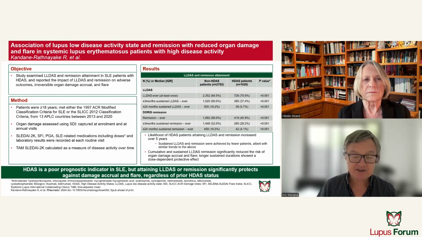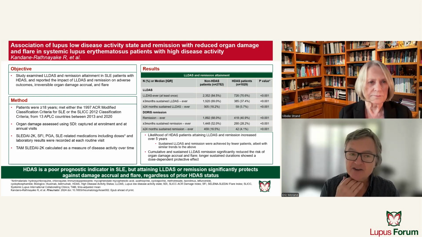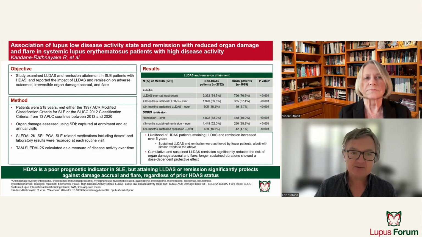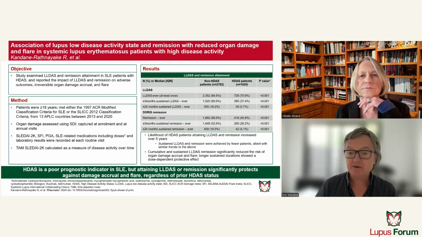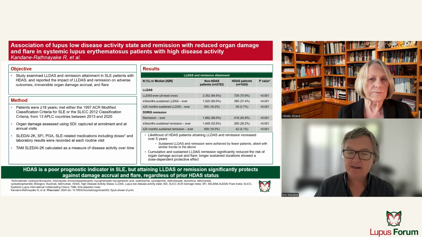So what is high disease activity? There are several definitions floating around, but the most widely used definition of high disease activity in SLE is people with a disease activity greater than or equal to 10 as measured with the SLEDAI-2K. The SLEDAI-2K is a scale that assigns points at different weights for different organ manifestations.